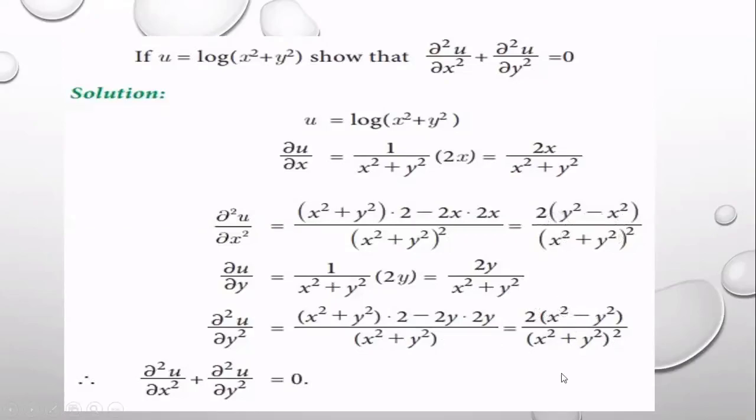Here x square minus y square, then both are cancelled. Here both dividing factors cancel. Then these two values should be 0. So a very simple solution. This type of solution you will expect in the final exam. Little bit tough, so do it.